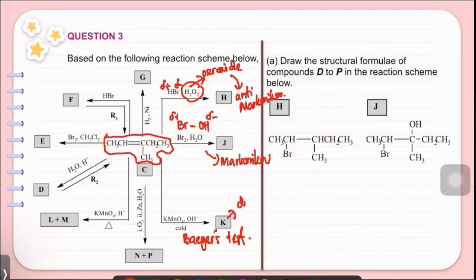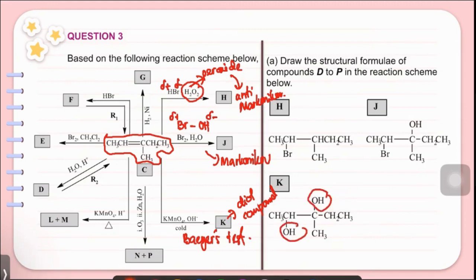Okay, ataupun dipanggil diol compound. So dua OH tersebut akan ditambah pada C double bond C. Double bond tak break, hanya ditambah saja. So suggestion for structure K is like this. So that's why we call diol, because there are two hydroxyl groups. Okay, so K is diol compound.